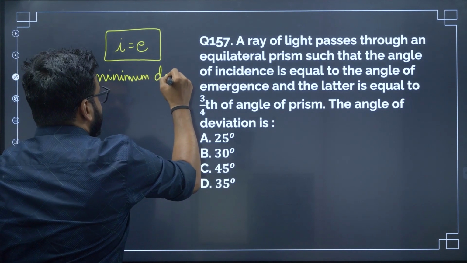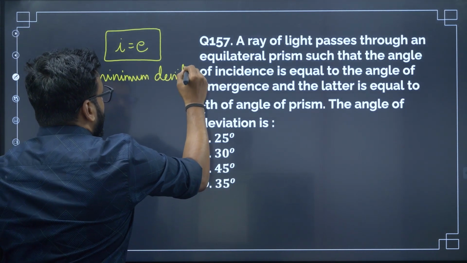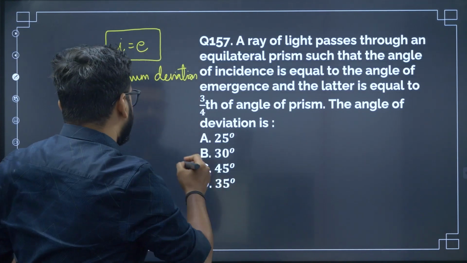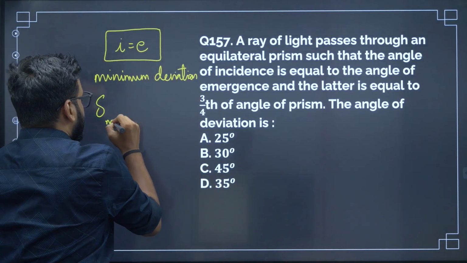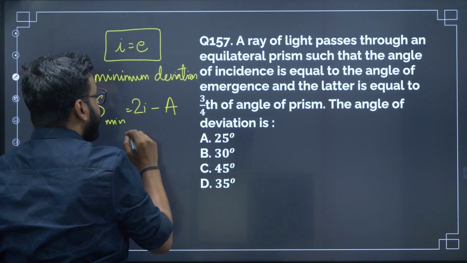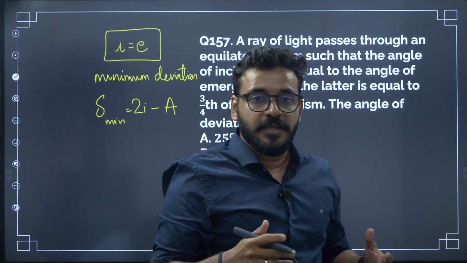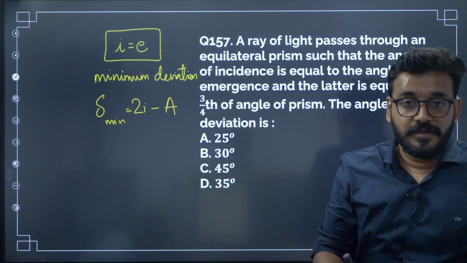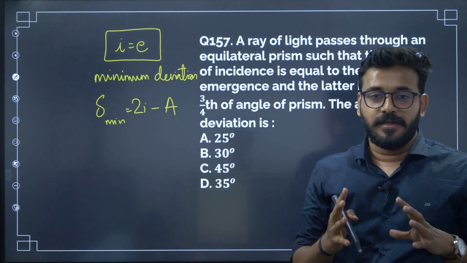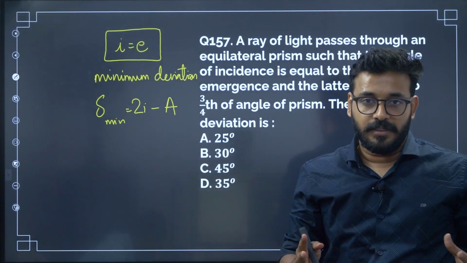When does the deviation take a minimum value? When the angle of incidence is equal to the angle of emergence. So it's a minimum deviation. For minimum deviation you can apply the formula delta min is equal to 2i minus A. All these formulas must be at the tip of your fingertips, only then this will be easy, otherwise it's going to be slightly difficult to solve.